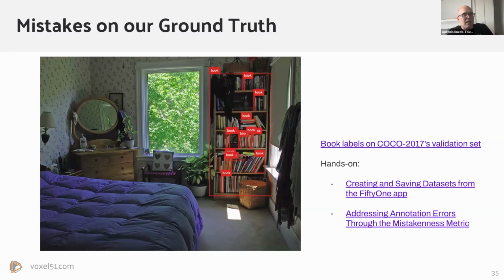And we're gonna be taking a look at how to create a dataset that only focuses on the books first, the images that have books from the COCO 2017 validation dataset. There's only gonna be like 200 of them. And then we're gonna be taking a look at the mistakenness metric that we can use in 51 to address the annotation errors that we have in this particular example.